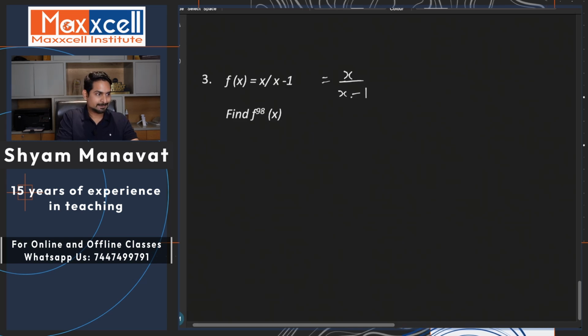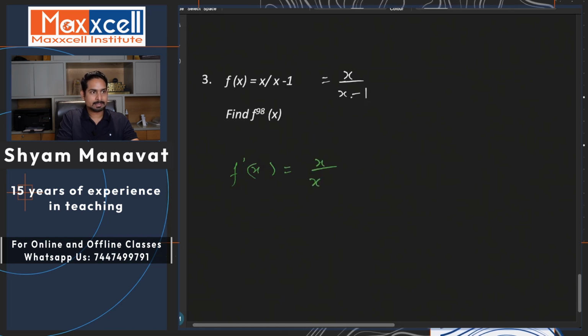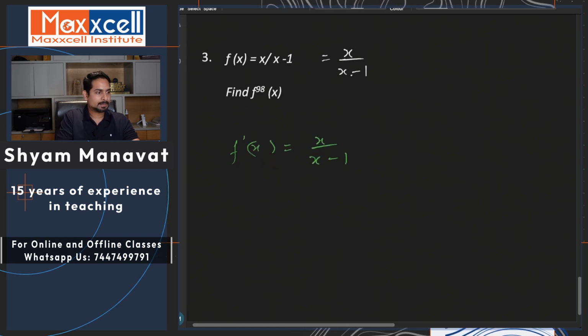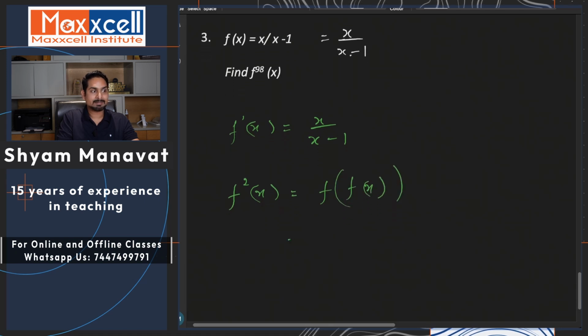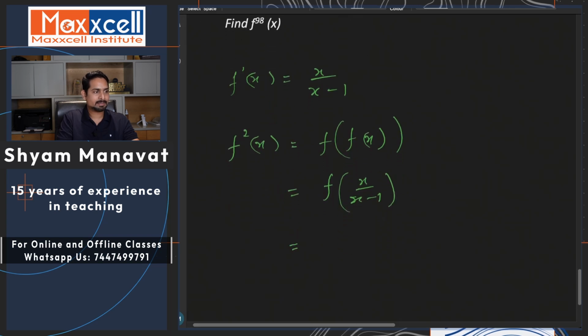So the first iteration is the function itself, that is x upon x minus 1. Now the second iteration for this function we will write as f of f of x. Substitute the values inside, and you need to find out this. Simplify further.